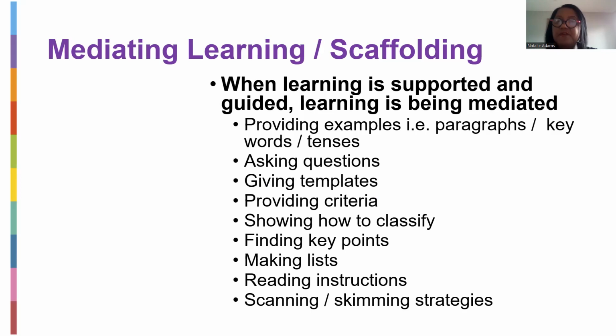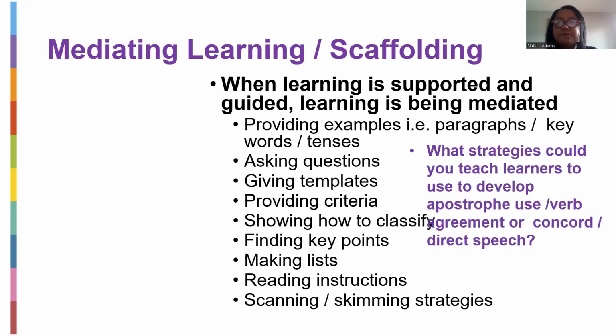So how do we scaffold? We can provide examples in a paragraph. We can ask questions, give templates, provide criteria, show how to classify, find key points, tell them to make lists, how to read the instructions, and also skimming and scanning strategies.